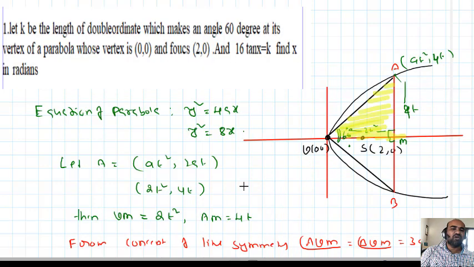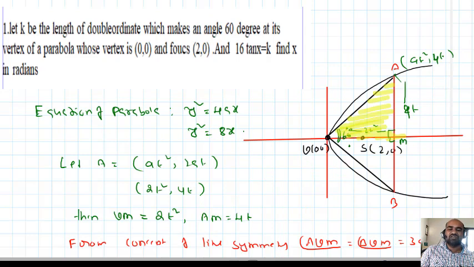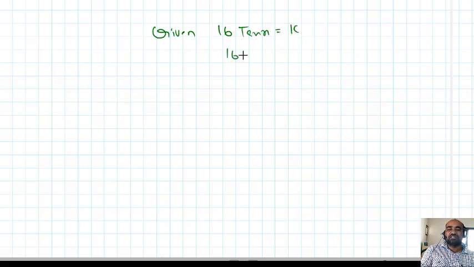Now I want to read the problem. K is the length of the double ordinate, therefore K equals 16 root 3. What should we find next? 16 tan x equal to K, so 16 tan x equals 16 root 3, tan x equals root 3.